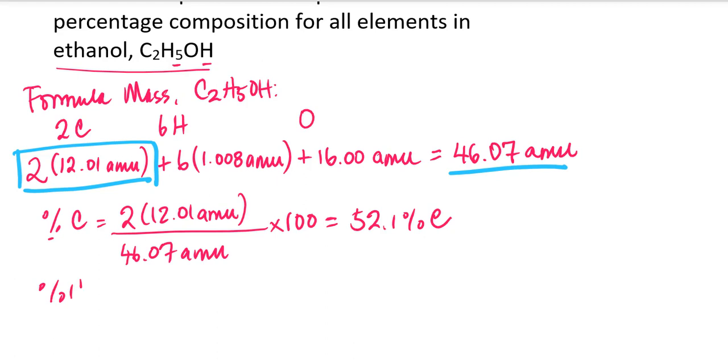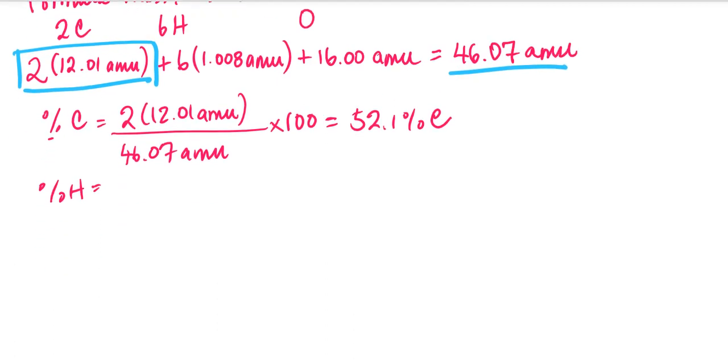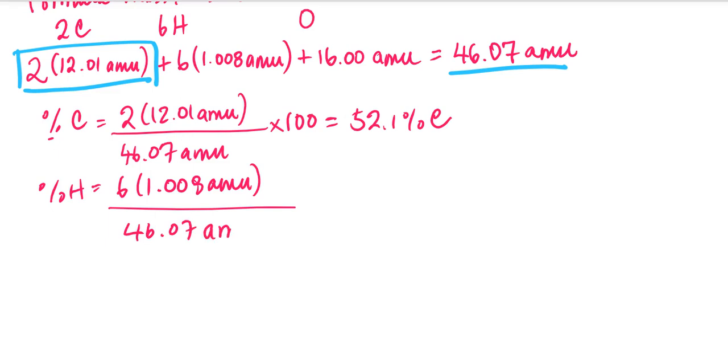If I'm going to find the percent composition of hydrogen in this compound, then I would repeat using the term that corresponds to hydrogen's contribution to the molar mass in the numerator of the ratio, divide by the formula mass of the compound, again multiplied by 100, and end up with 13.1% hydrogen.